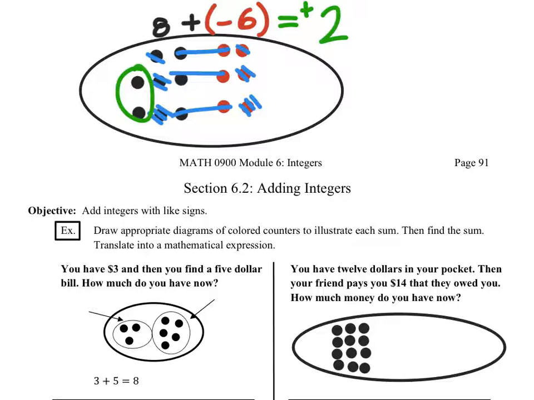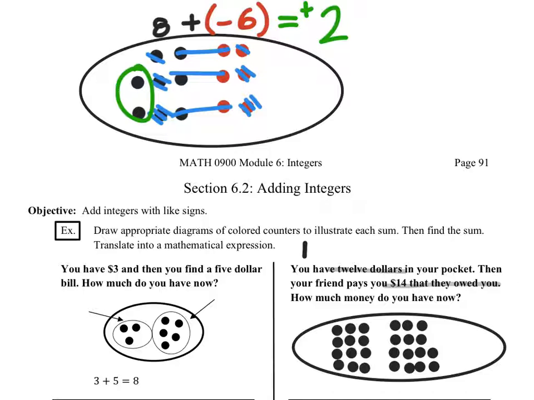So there's the 12 from the $12. And then your friend pays you $14 that they owe you. Now this would represent another 14 of these counters. So there's another 14. Then the question becomes, how much money do you have?